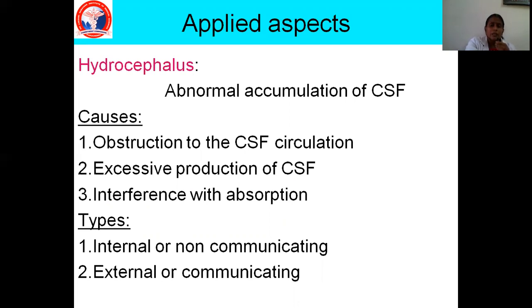The main causes for hydrocephalus are obstruction to the cerebrospinal fluid circulation, second, excessive production of CSF, and third, interference with absorption. On the basis of causes, it is divided into two types: internal or non-communicating hydrocephalus, and external or communicating hydrocephalus.